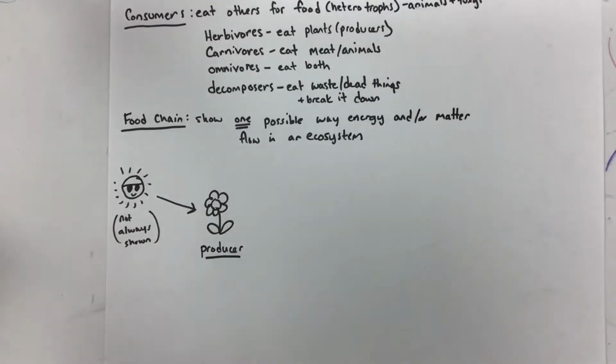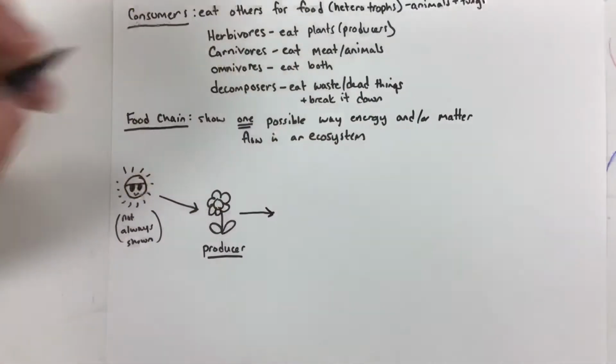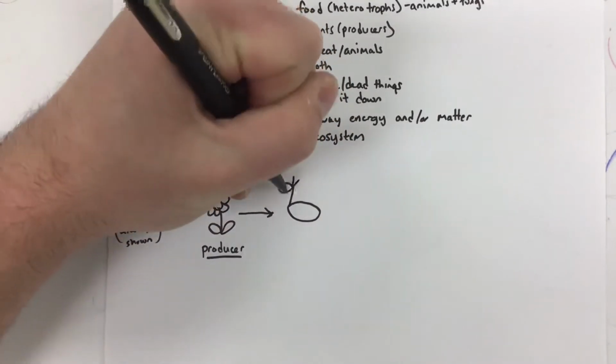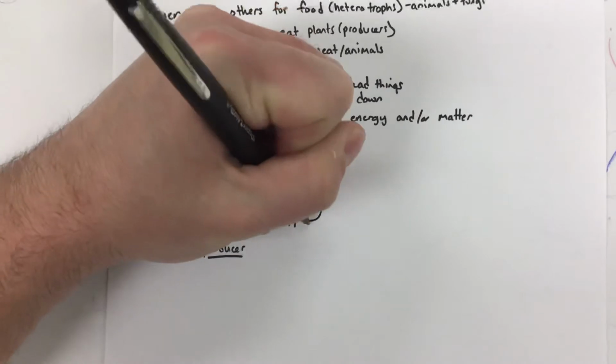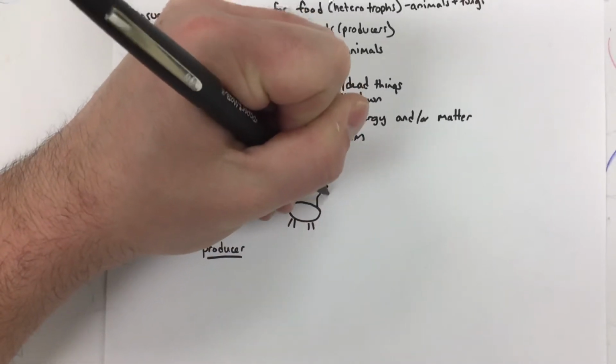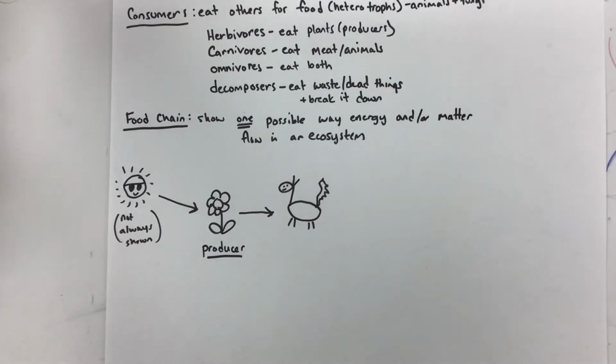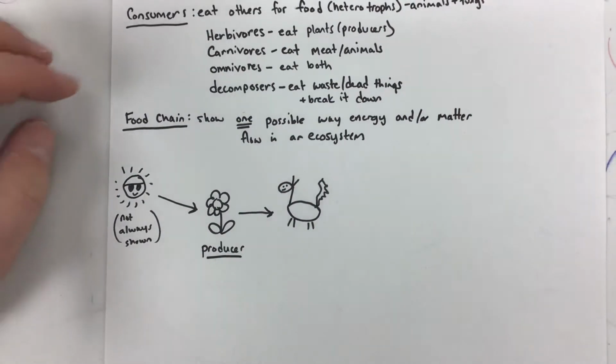Okay. And then the thing that eats the producer, don't try to figure out what it is. It's kind of a fictional animal. The thing that eats the producer, what organisms eat producers?